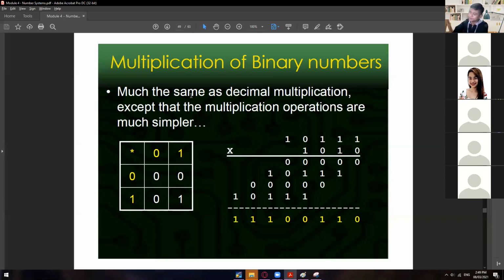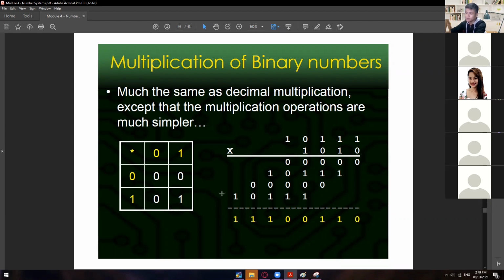Multiplication of binary numbers. This is the only binary operation that I will not explain anymore since this one is very straightforward. It is the same as our mathematics. So 0 times 1 1 1 1 0 1 is of course everything is 0. 1 times 1 1 1 0 0 1 is like copy everything if it's 1, which is now this one, and then move it one step right until you reach the last one.